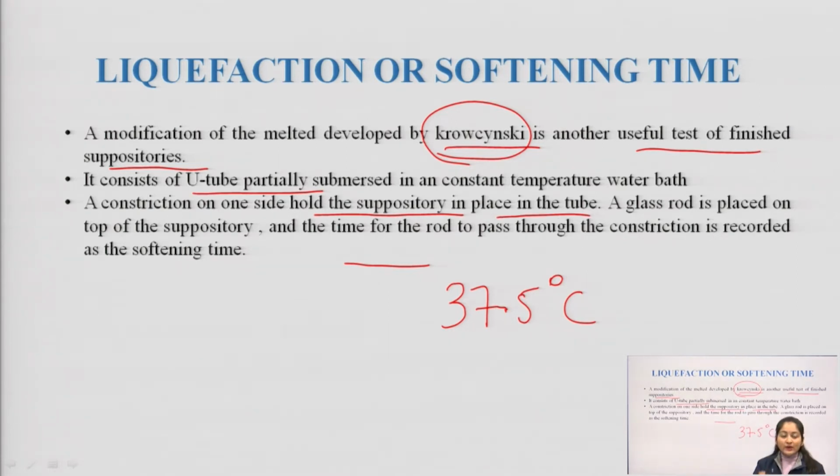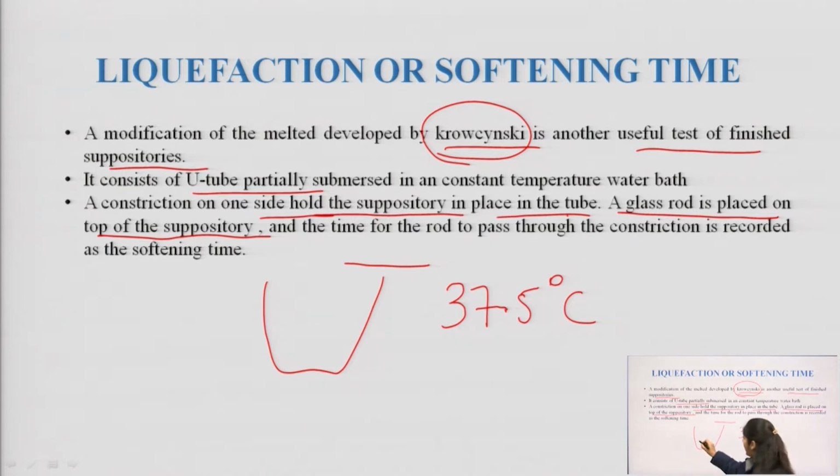Whenever we want to perform any test on a particular suppository, it is very important to hold the suppository properly. So, for holding the suppository, a constriction is placed here, so that the suppository is held at one place in the tube. A glass rod is placed on the top of the suppository. I hope it is easy to understand that when there is a constant water bath maintained here, we place a suppository in it. To hold that suppository, initially we attach it to a particular constriction.